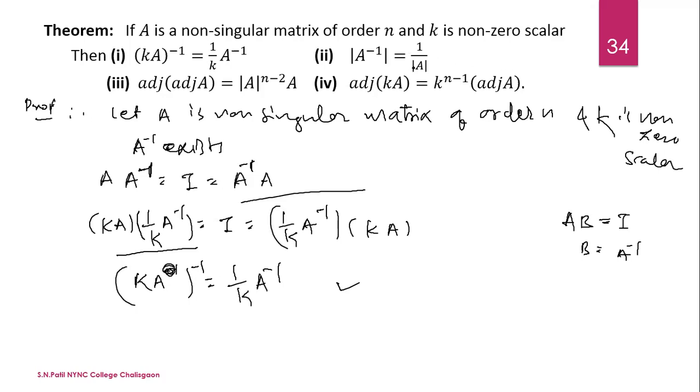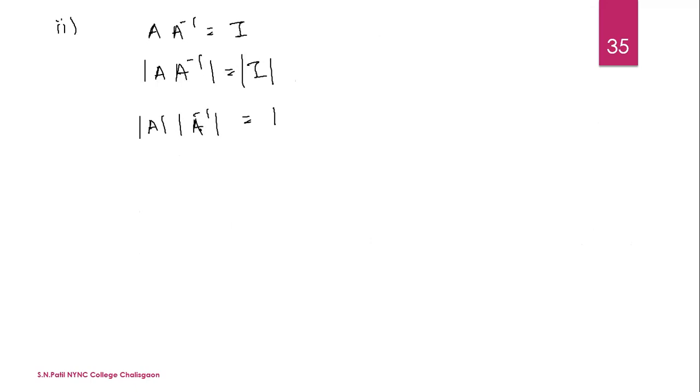Now, second one: determinant of A inverse is equal to 1 upon determinant of A. Now, see the proof of the second. We know the relation A into A inverse is equal to identity matrix. Now take the determinant on both sides, that is determinant of A into A inverse is equal to determinant of identity matrix, and we know the determinant of identity matrix is 1. Now it can be written as determinant of A into determinant of A inverse.